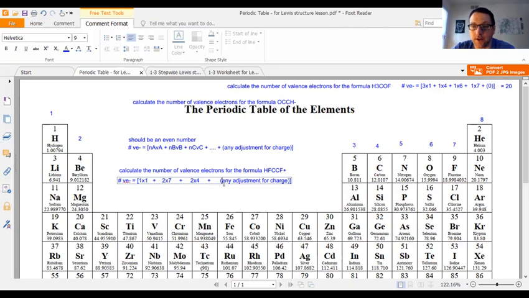Remember, we're counting electrons, right? What are we counting? Are we counting pennies or dollars? No, we're counting electrons. And electron is what charge? Negative. And what charge do we have here? A positive, right? If we're counting electrons, and we have a positive, doesn't it make sense that I'm going to subtract 1? I'm counting electrons, negative particles. I have a positive at the end. These things kind of are opposites with each other.